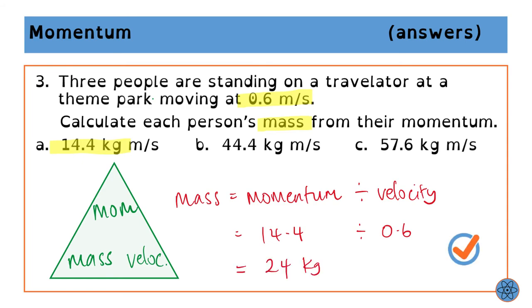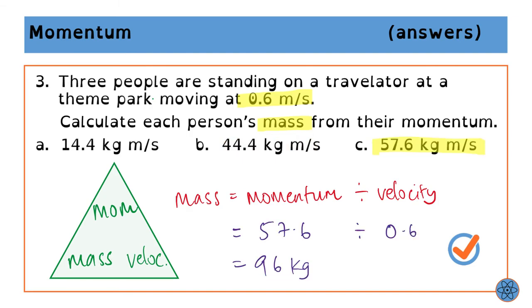And then by putting it into a calculator, we can calculate the person's mass as 24 kilograms. For part B, same skill, except this time the momentum is 44.4, and that works out as the mass is 74 kilograms. And finally, part C, it's 57.6 divided by 0.6, so the answer is 96 kilograms.